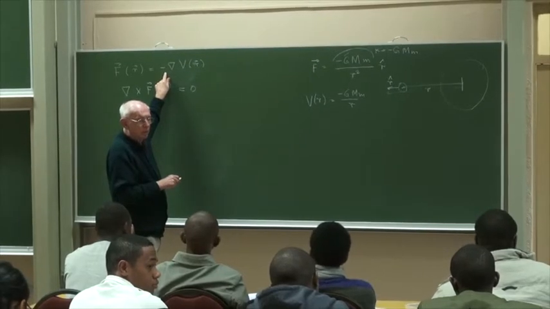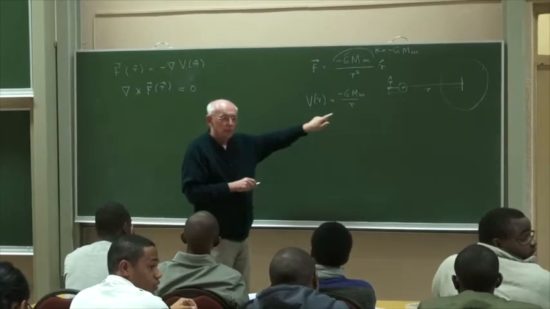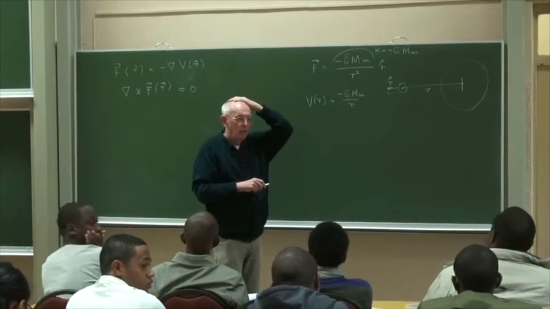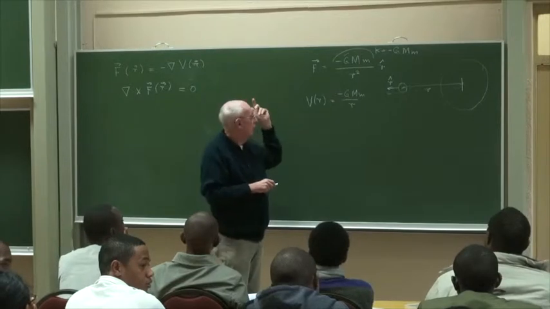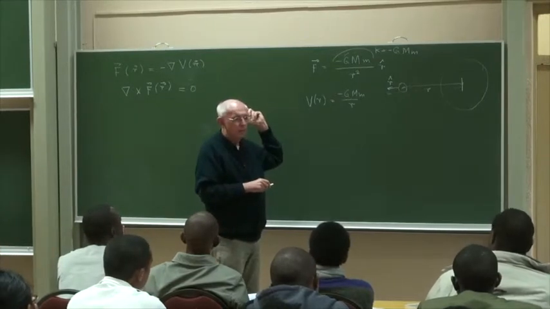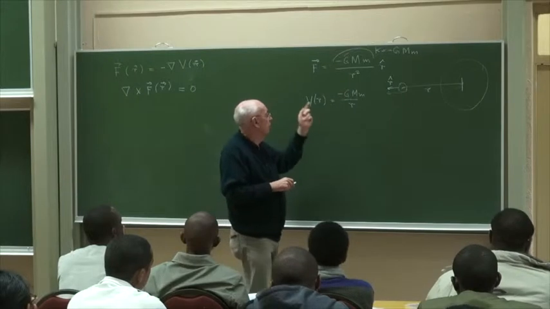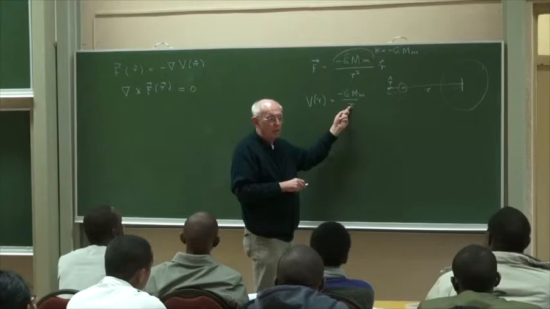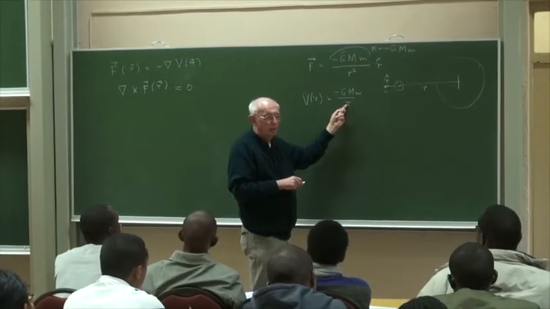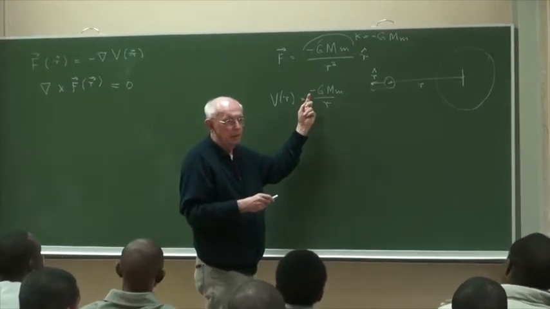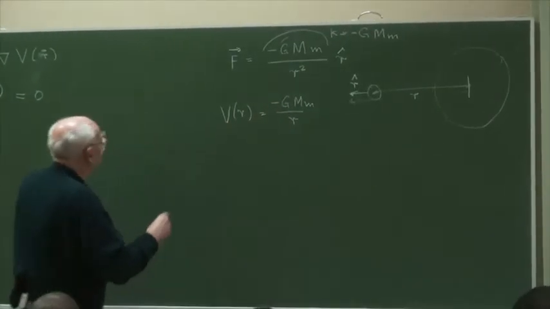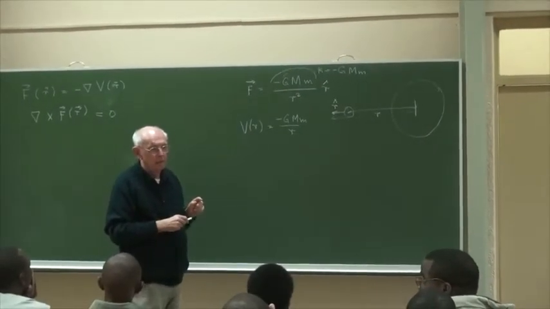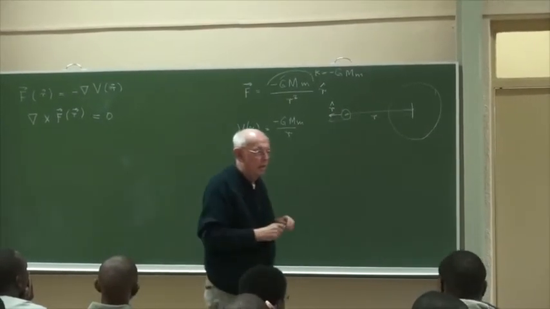So should it be positive? The potential should be positive. Otherwise, the force should be positive. No, one of them should be positive. No, but the other is negative. No, but you're missing, if I differentiate this, I get minus 1 over r squared. So there's an extra minus sign. So I have a minus and still another minus. Yeah. It should be positive.